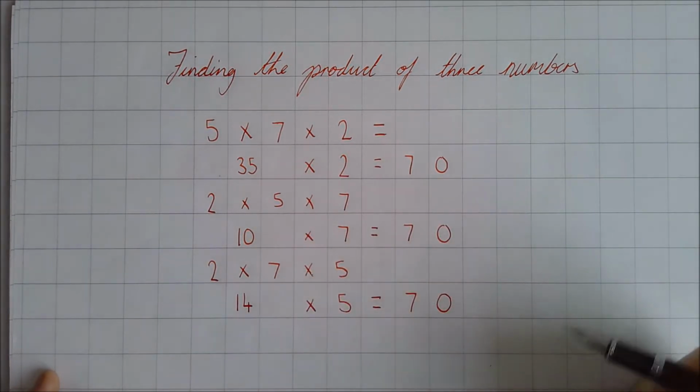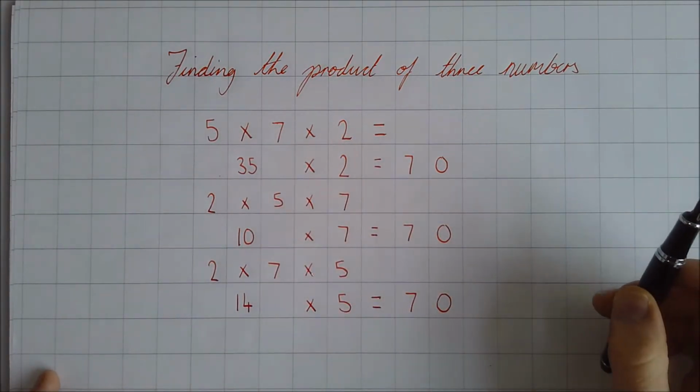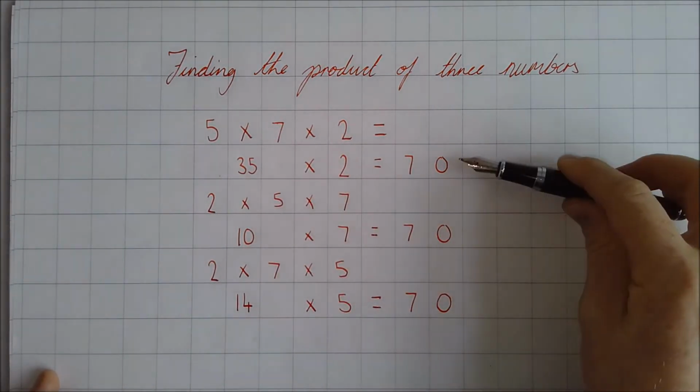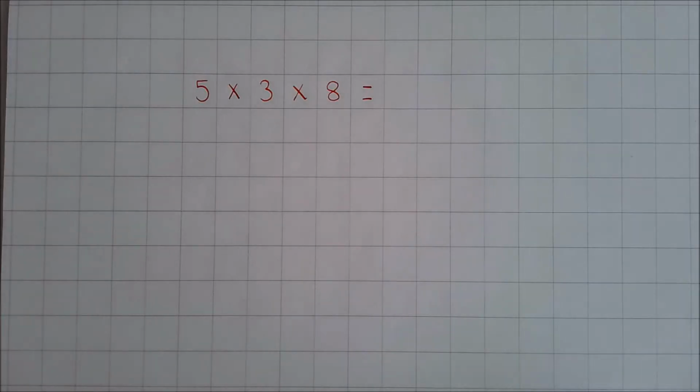So what you can see here is that whatever order we choose to multiply these three numbers in, we will get exactly the same product. So we can use commutativity to our advantage.